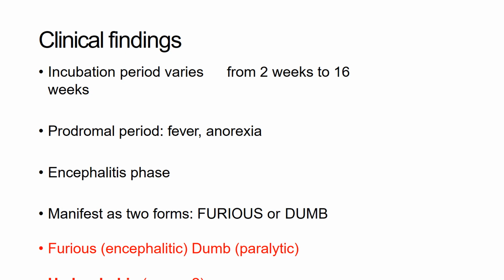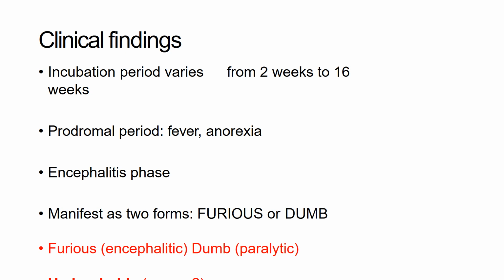So the people who have been bitten by any rabid animal do not even take into consideration that this can be the beginning of a deadly infection. So after the prodromal period comes the encephalitis phase, which comprises seizures, delirium, and many other fatal signs and symptoms that the person shows after being bitten by the rabid animal.